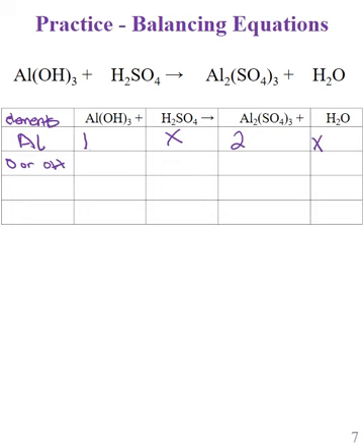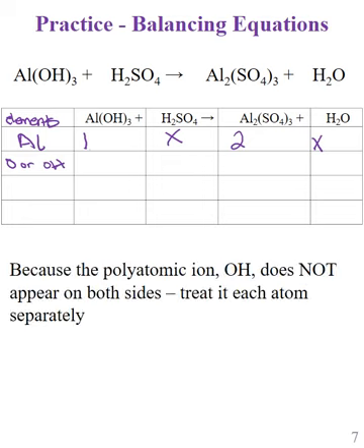Well, when you do this, because the polyatomic OH does not appear on both sides, I only have an OH on the left, I have no OH on the right, we treat each atom separately. So that means I have an oxygen and I have a hydrogen. I don't think of it as an OH, simply because it's not found on either side.